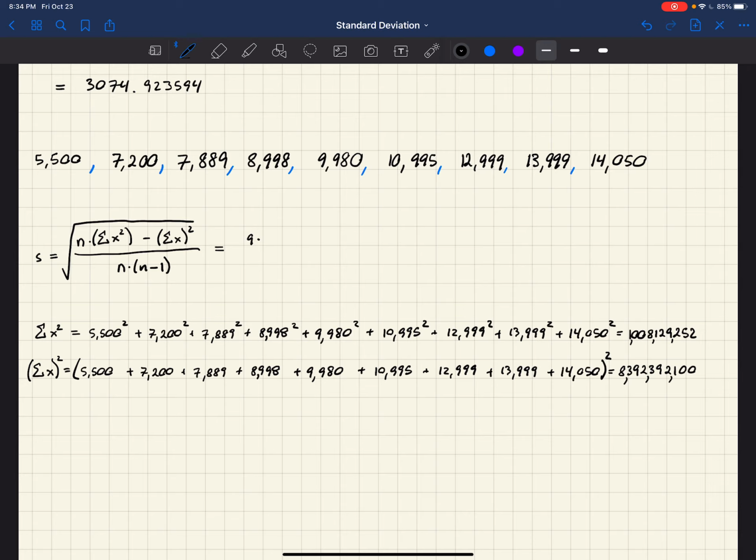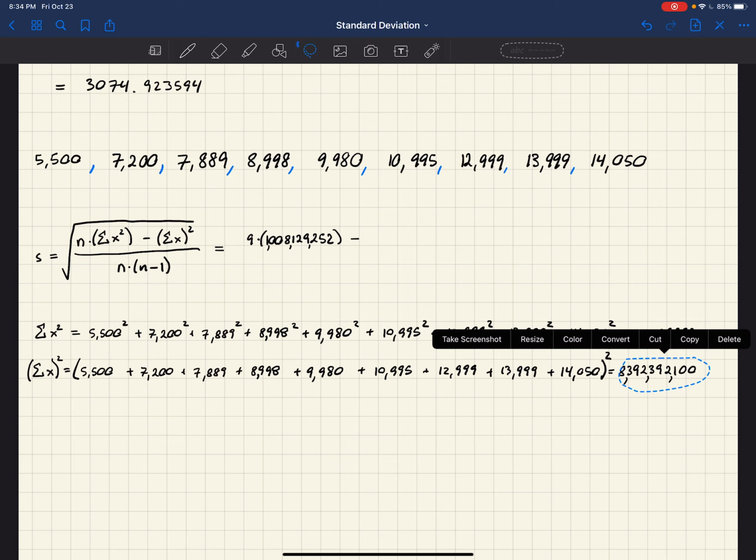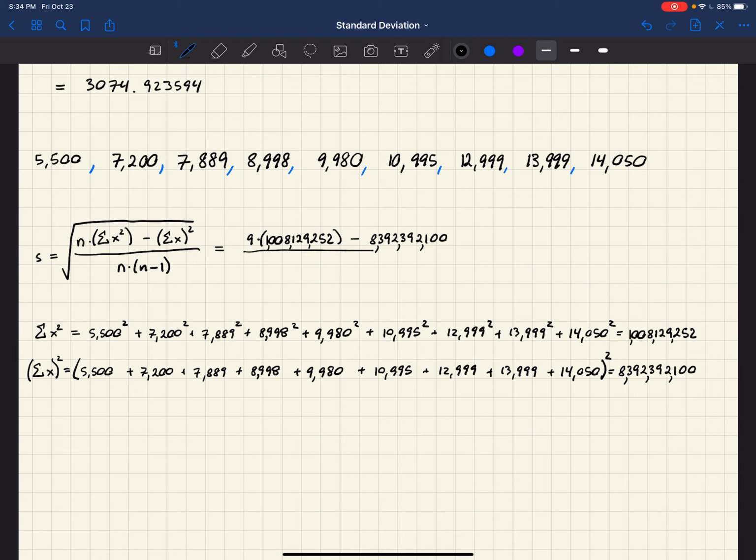So if we do this, what we will get is n, which is 9, times this first large value. So I'll put parentheses around this. Minus the square of the sum of the data, I mean. We're going to divide this by n, which is 9, times n minus 1, which is 8.